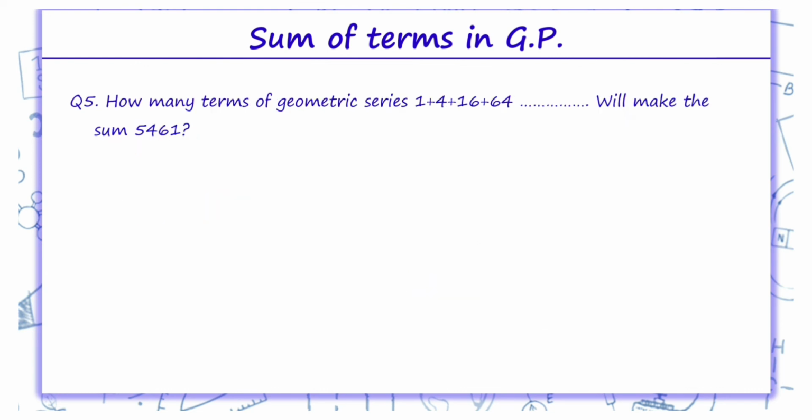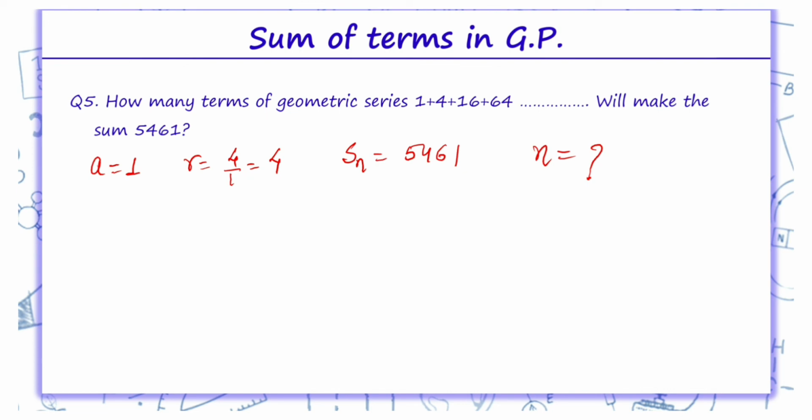Next question is, how many terms of the geometric series 1, 4, 16, 64 will make the sum 5461? Now here A is 1, R is 4 by 1, which is 4, Sn is 5461. What we have to calculate over here is n.